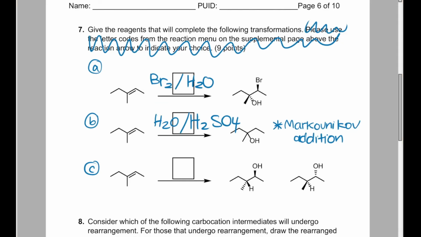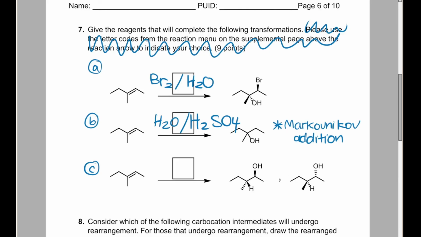For part C, we get these molecules as the products, and immediately this is different from the previous part B, in that instead of being Markovnikov addition of the alcohol or OH group, it's an anti-Markovnikov addition because the alkene was originally here, and this was the less substituted carbon, whereas this is the more substituted carbon.